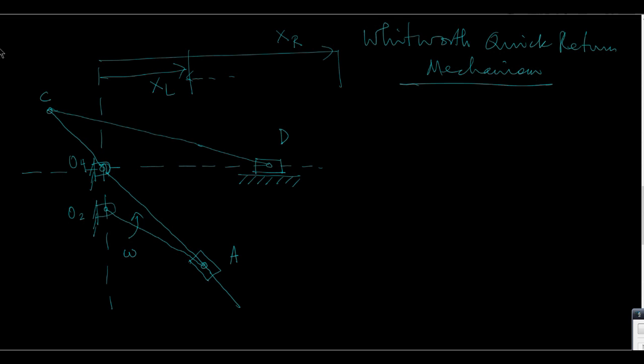Well, what I will do is I will first point out that this point here has to move on this circle. Whether it can access all points on the circle, we will determine soon enough. But it has to move on this circle. And this point here has to move on this circle.